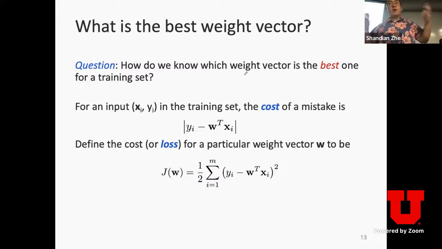And then if we want to find out the best linear regressor, how should we do that? Any thoughts? We have already come up with some metric to judge how good your linear regressor is. And then how can we find the best linear regressor?